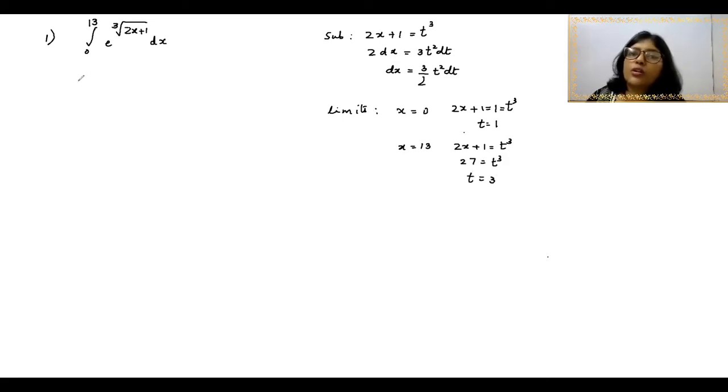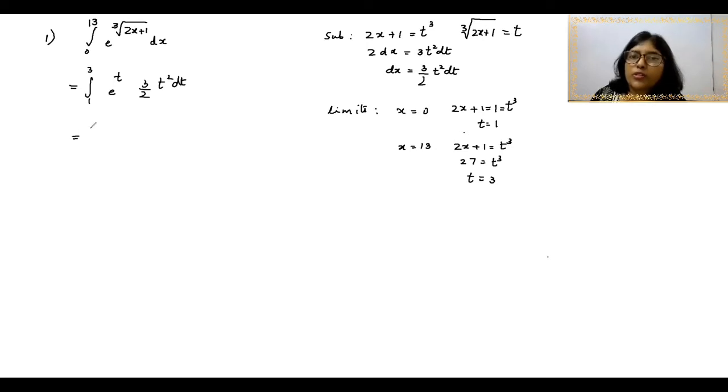So now our limits change: lower limit is 1 and the upper limit is 3, with e raised to t, because 2x plus 1 is t cube. So the cube root of 2x plus 1 will be cube root of t cube, that's t. And dx is 3 by 2 t square dt.